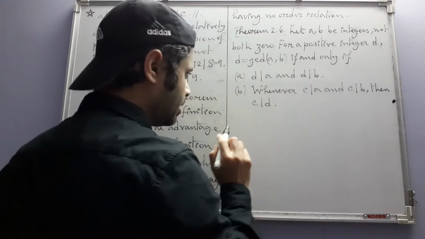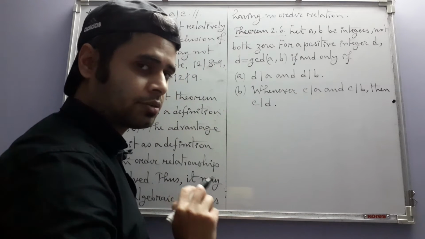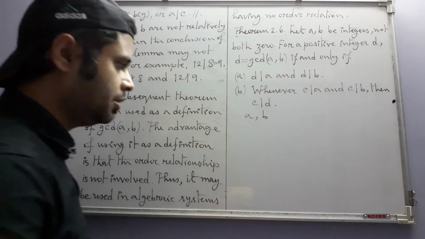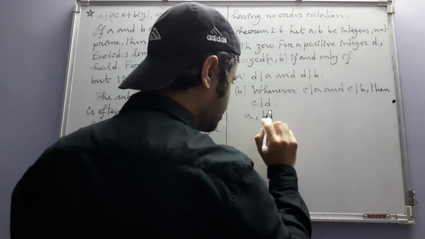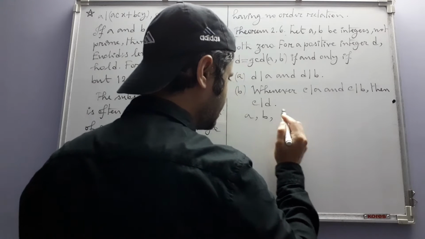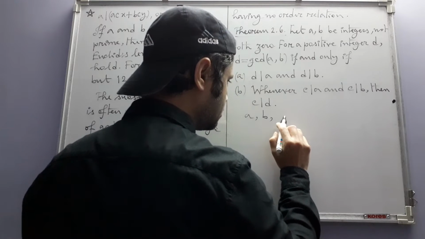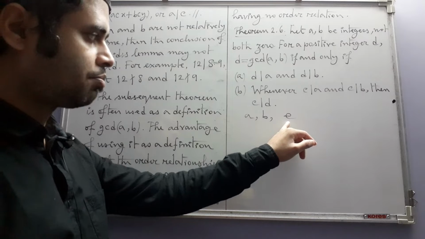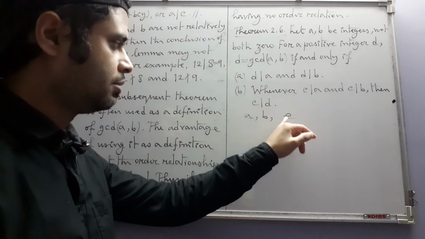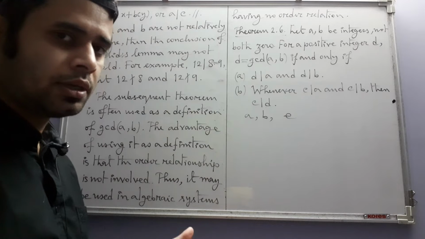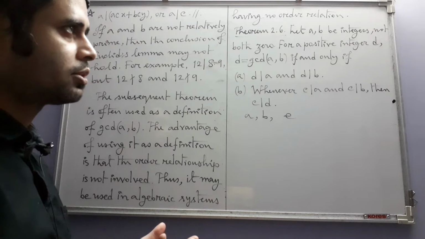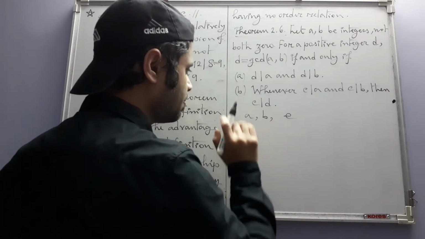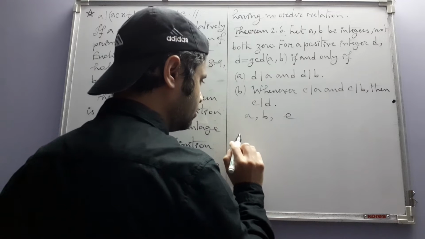And let us also recall the original definition of the greatest common divisor. For two integers a and b, a positive integer, say for the time being let's take that as e, is said to be the greatest common divisor of a and b if the following conditions are true.